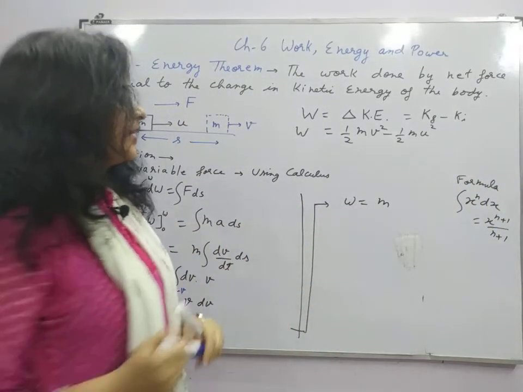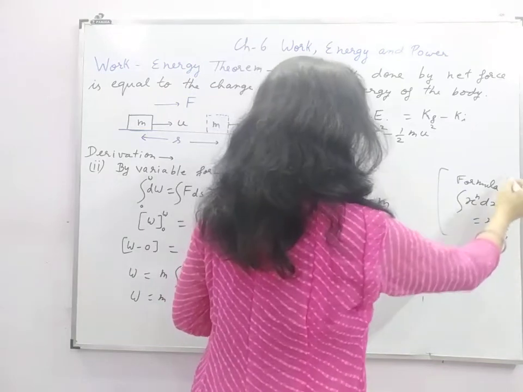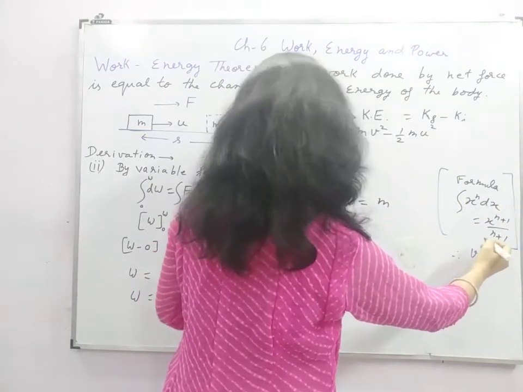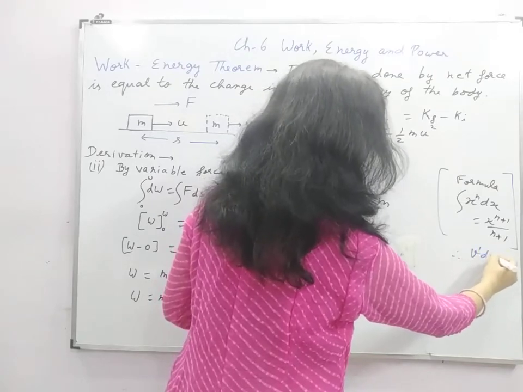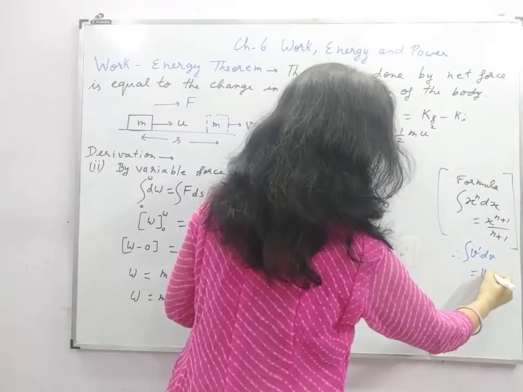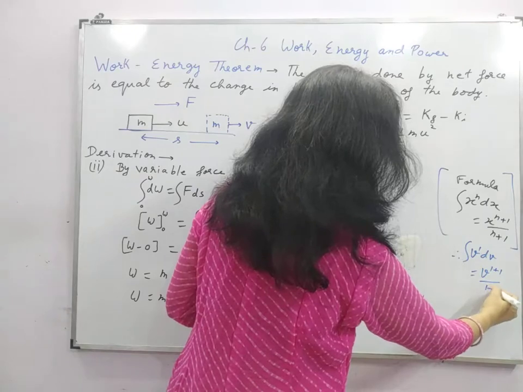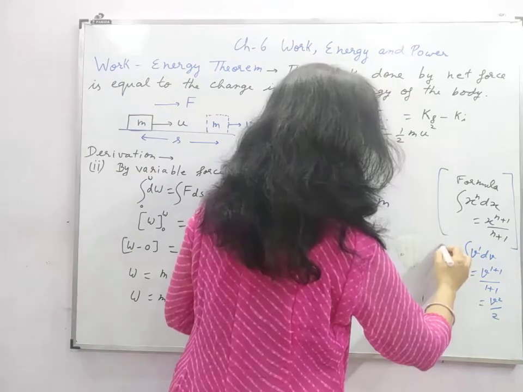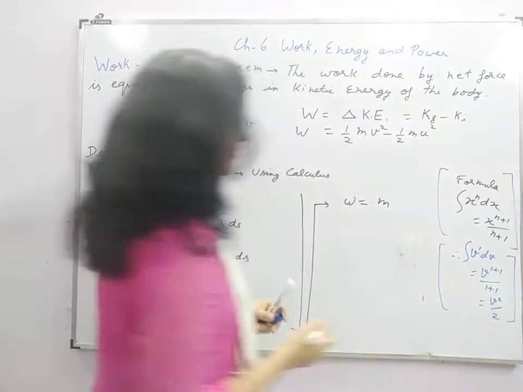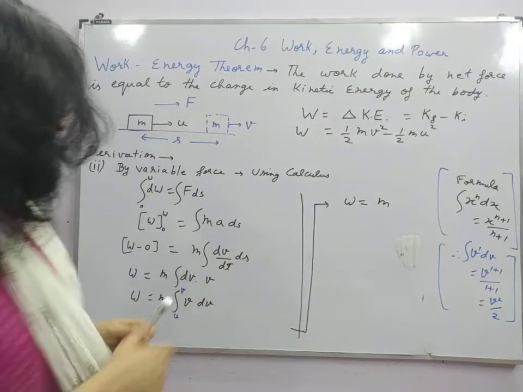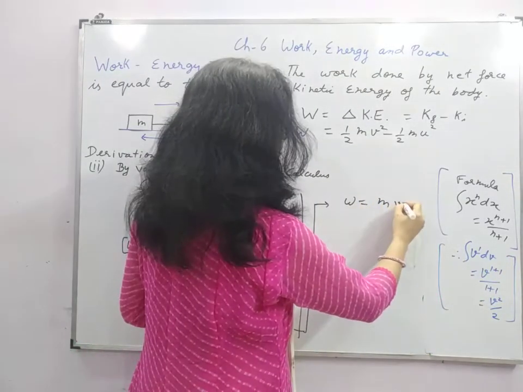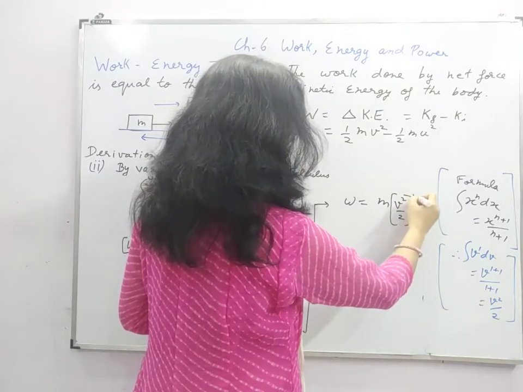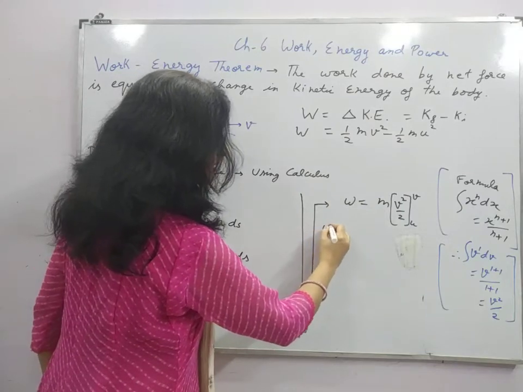So similarly, if I have to integrate v to the power 1 dv, what will it be? v to the power 1 plus 1 upon 1 plus 1. That means v square upon 2 will be the integration of v dv. So I'm writing it as v square upon 2. Limits I have not yet used. So this is how I write it.